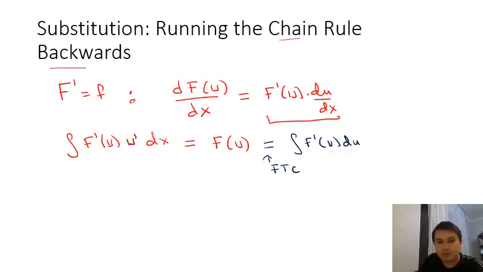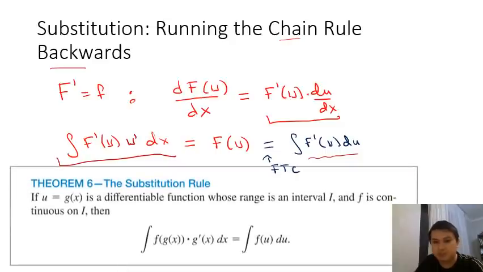If you're trying to integrate some sort of complicated function, you can make some substitution, and doing some substitution, it basically boils down to integrating a much simpler function. So to summarize, remember this capital F prime is little f, so you could replace the capital F's by little f.